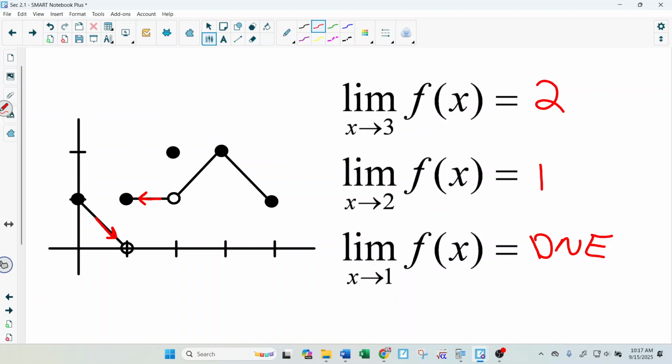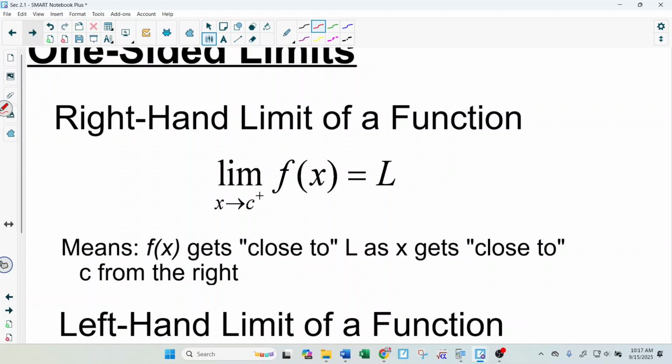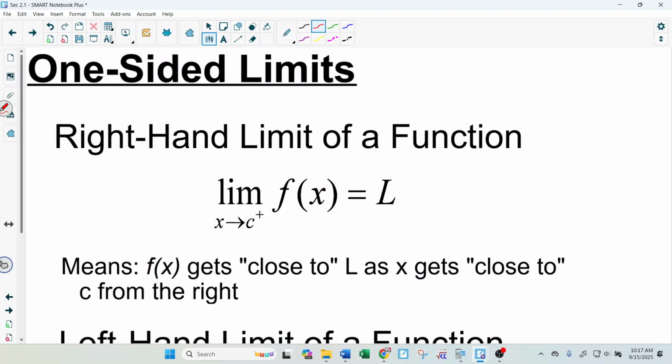Which leads us to a new thing, which are one-sided limits. So the one-sided limit, a right-hand limit of the function, we write this as the limit of f of x as x approaches c from the plus, and that equals 0.